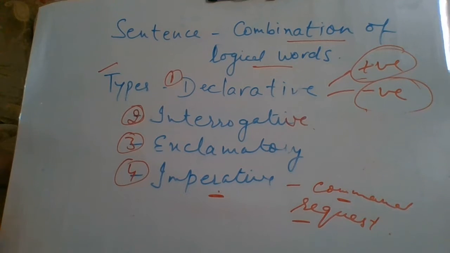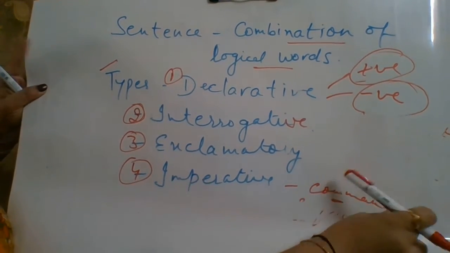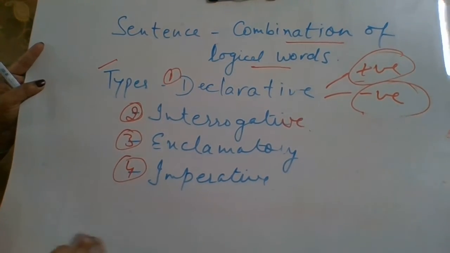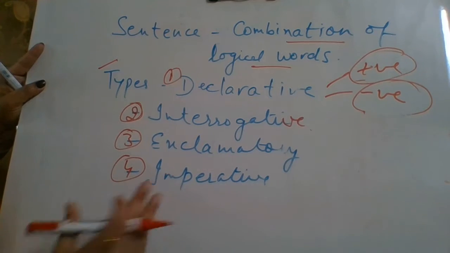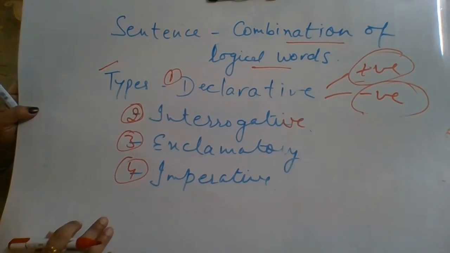Maybe it's in the form of command, or maybe it's in the form of request. If we use the word please, it's a request. And if we say don't go, don't stand, then it's a command. So this was the previous chapter we did.